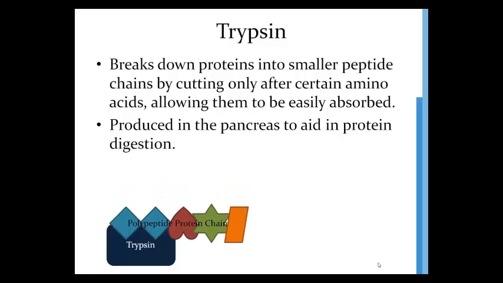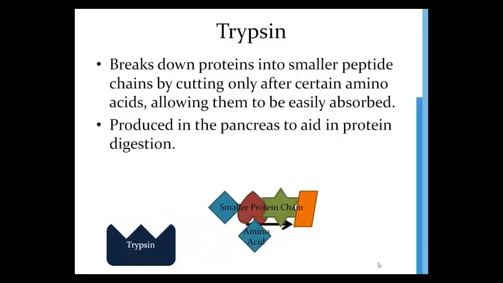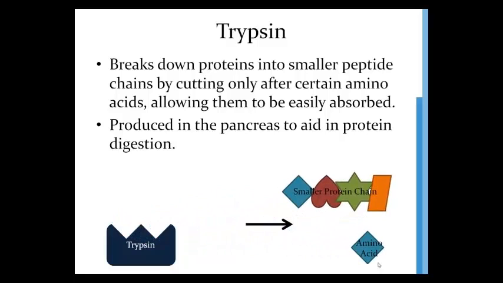We see that it fits onto a different pair of amino acids. And in this case, it's going to cleave right between those 2. So in this case, I got an amino acid and a smaller protein chain. This just makes these little protein pieces a little bit smaller and a little bit easier to be absorbed by your intestine during digestion.